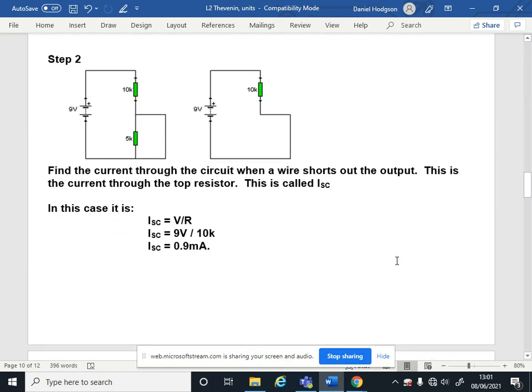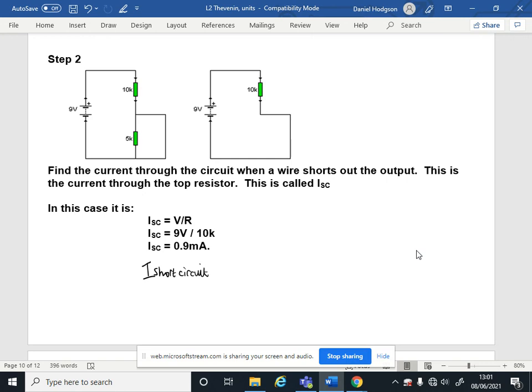Once you've done that, we find the short circuit current. That's what SC stands for. Think about it, short circuit. Short circuit means you put a wire somewhere, you short circuit the circuit, essentially.